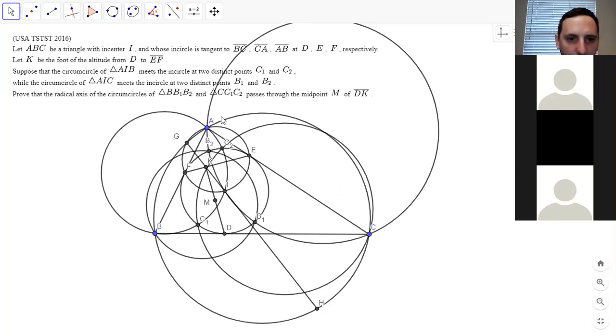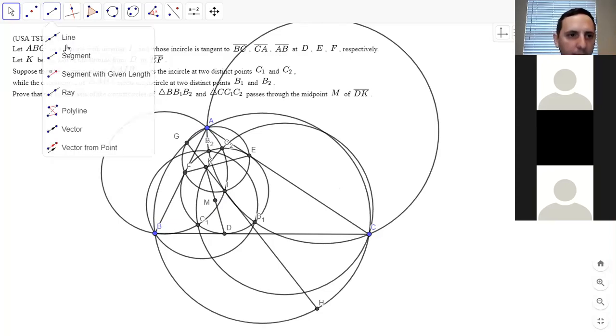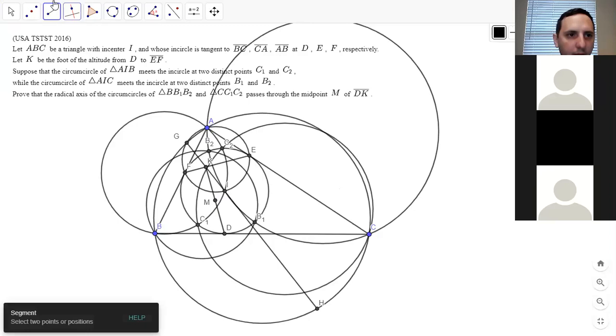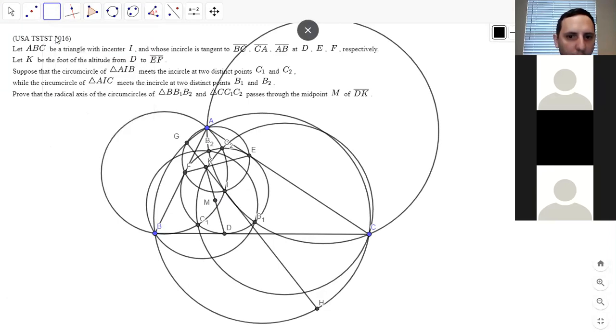So maybe I should erase these two. I mean, I feel like they could be valuable though. No, we don't want to erase them. Let me draw BI and CI. Maybe they pass through something.